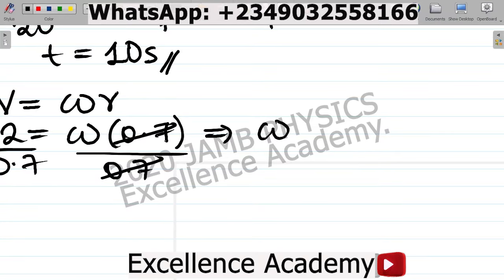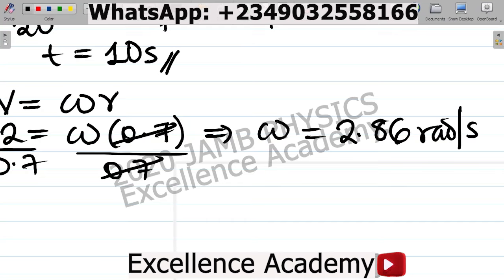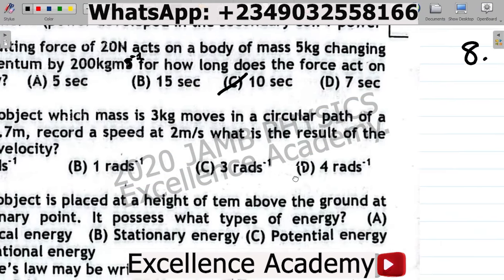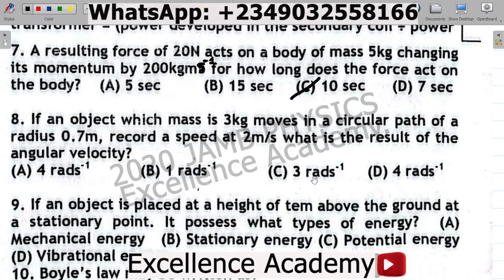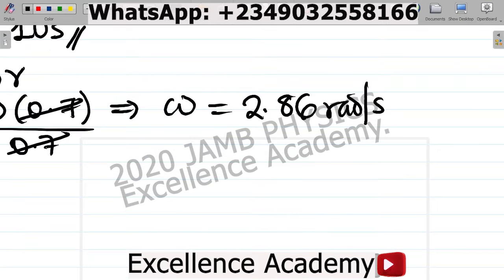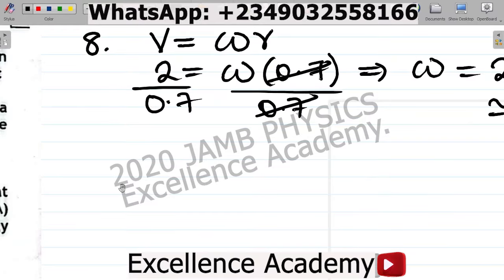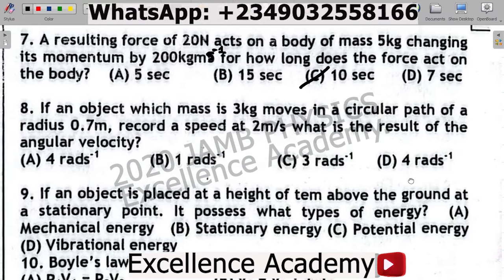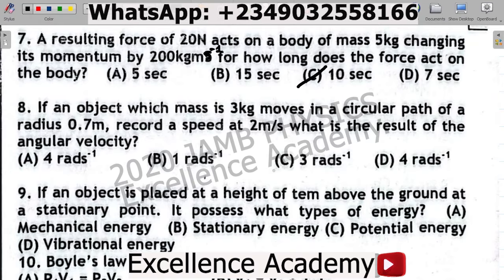If you do that, this is equal to about 2.86, measured in rad per second. Let's see which option that is. We have 3 here, which is approximately 3 radians per second. So the correct option here would be C, 3 rad per second. That's your answer.